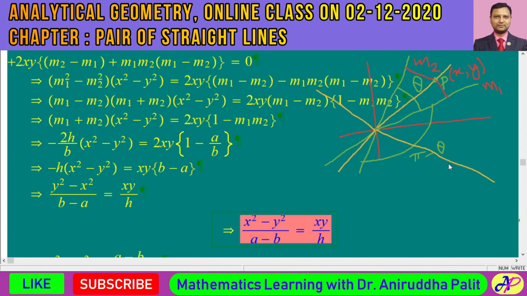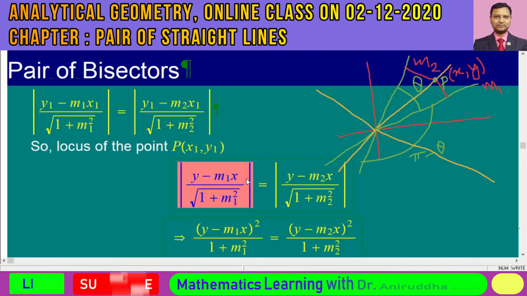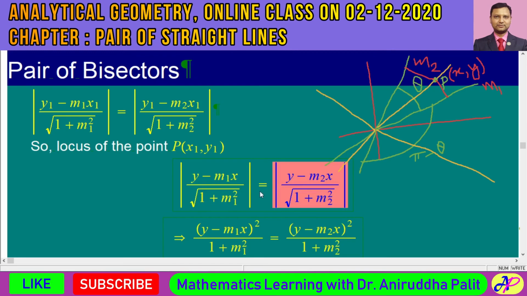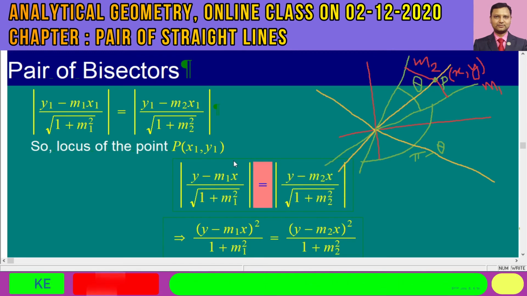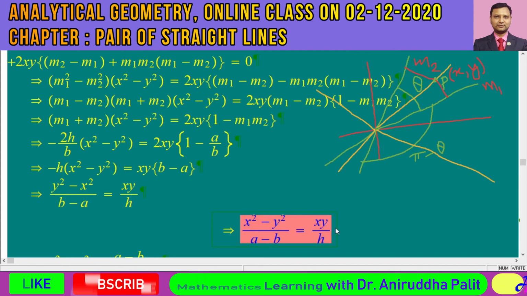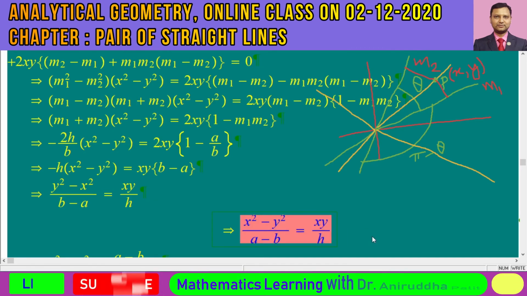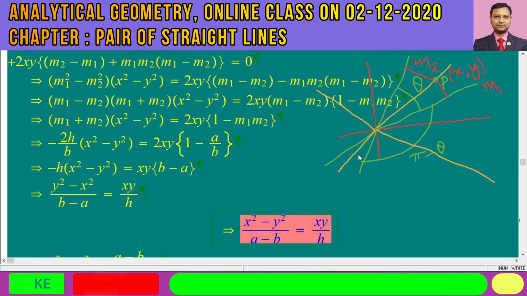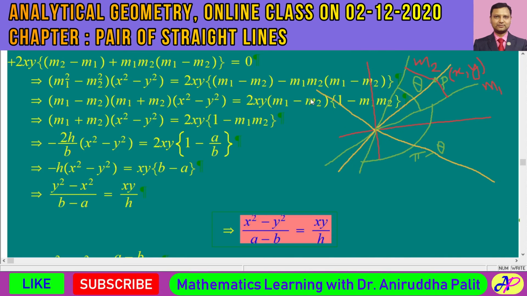And in case of second bisector as well, we shall have this type of two distances, and these two distances must be equal, and again we shall have exactly the same type of expression or equation. Therefore this kind of straight line and this kind of straight line, both of these two straight lines would be represented by this second order equation.